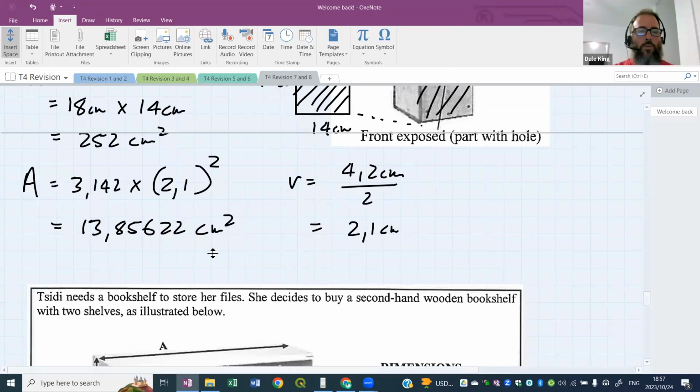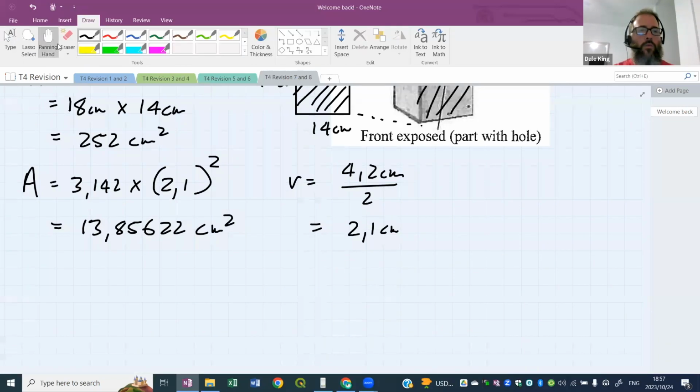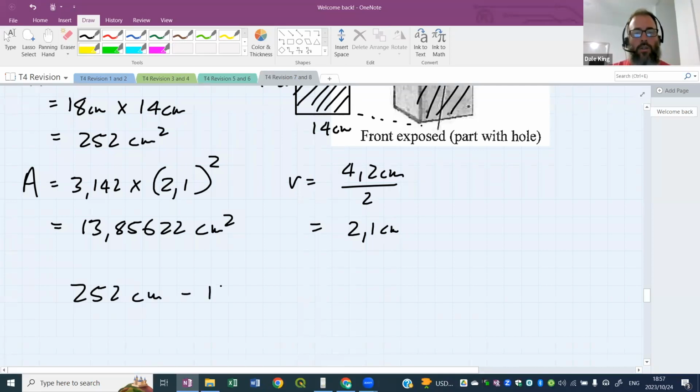So I'm going to move down and create some more space here. We're going to subtract the two. So 252, don't need a comma, minus 13.85622.